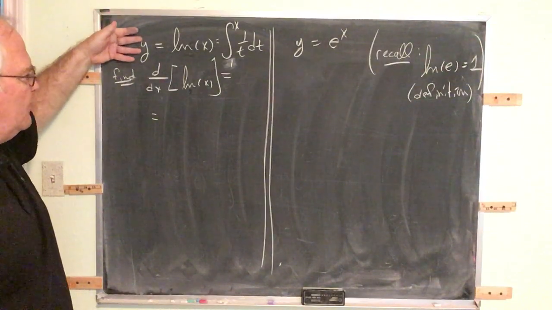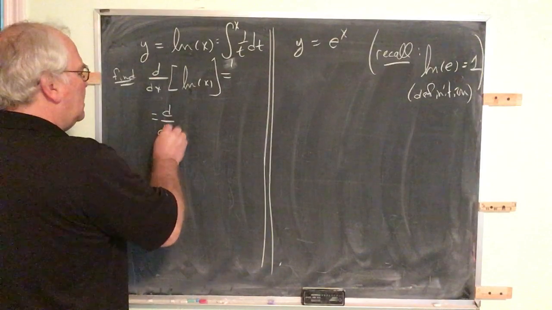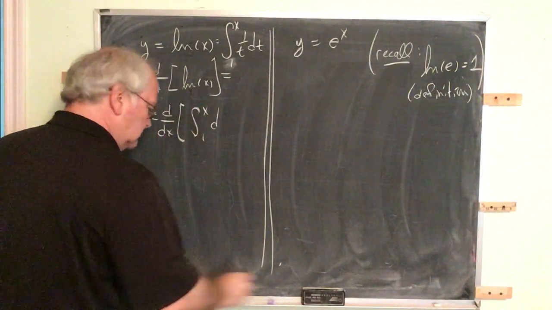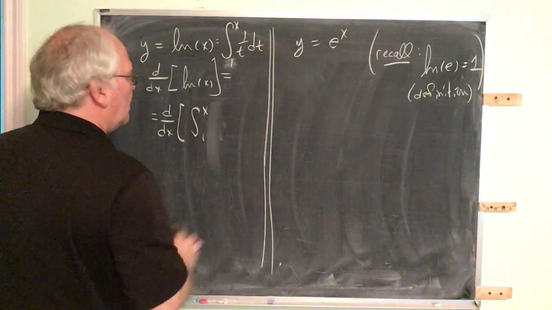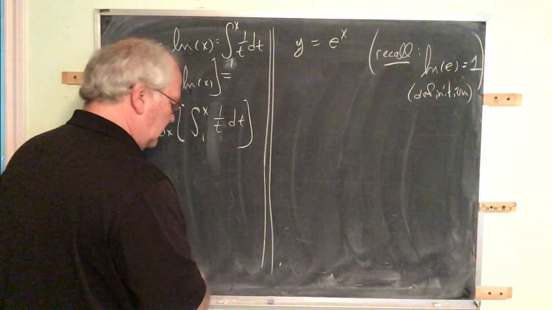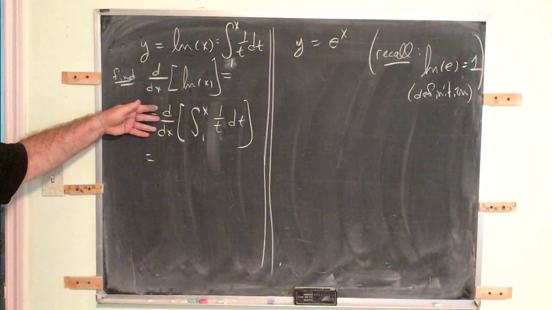So the derivative of the natural log function is the derivative of the area so far function. But we know how to find the derivative of an area so far function.